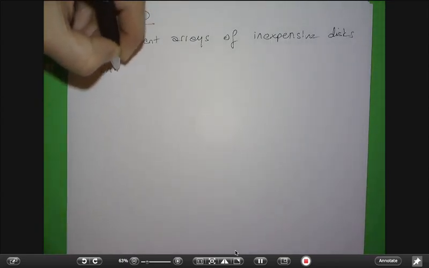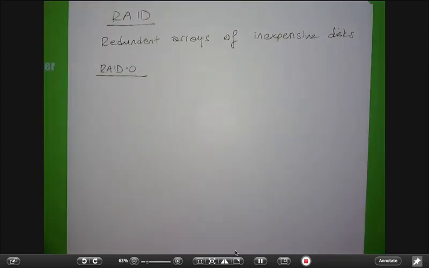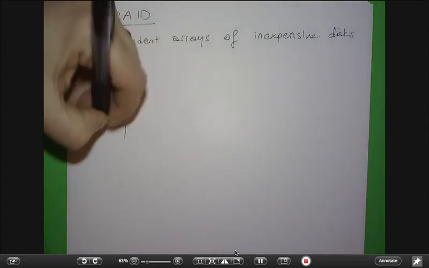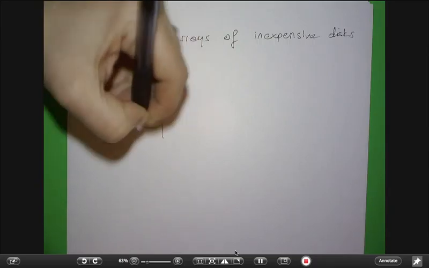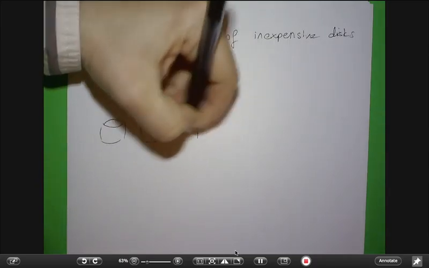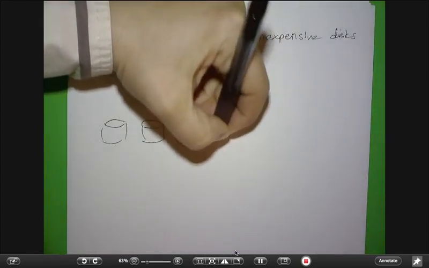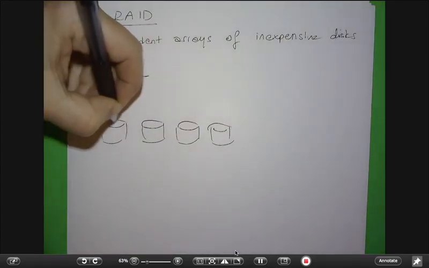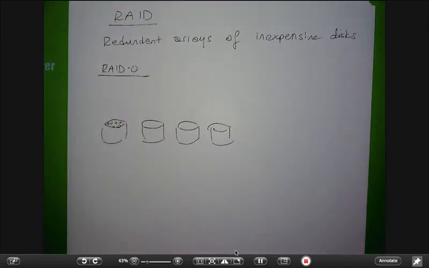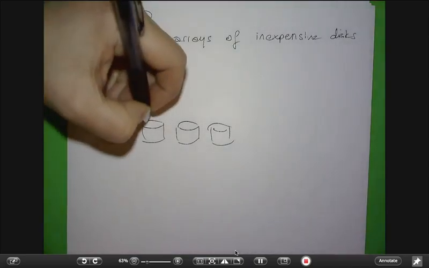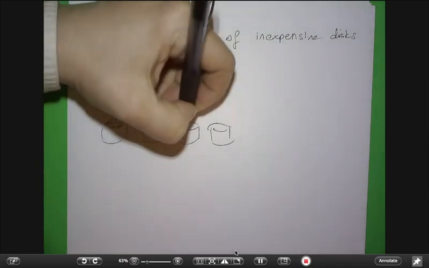Suppose that instead of a single hard disk, you have multiple hard disks in your machine. And they are all like these little cylinders. If it helps, you can think that these are sushi rolls. You have multiple sushi rolls, and you want to put data in them.